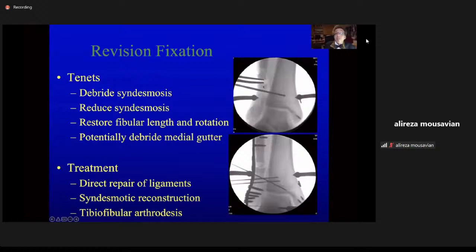We need to oftentimes restore length to the fibula by cutting the fibula and putting a laminar spreader there. Then we hold the tibia to the fibula with the wire, hold it reduced, put on our pelvic reduction clamp, as you see, and then put in a bone graft between the proximal and distal end of the fibula and plate the fibula.